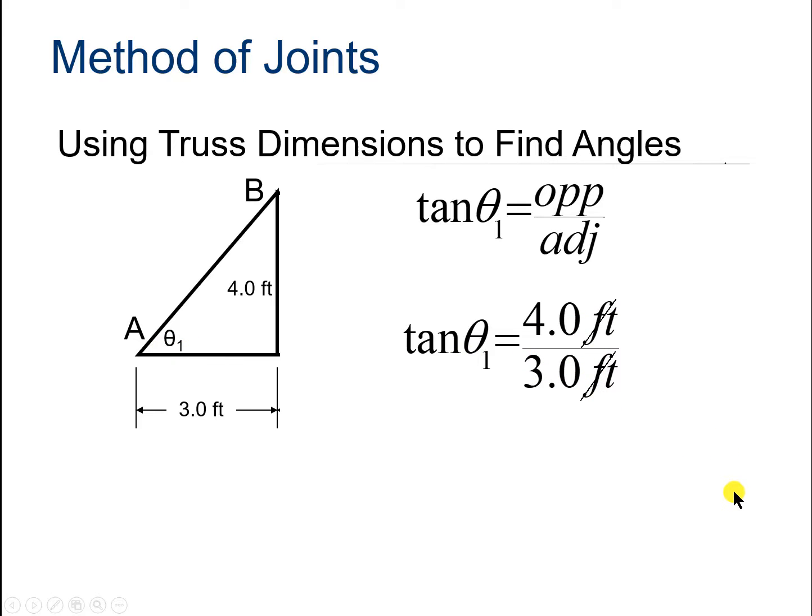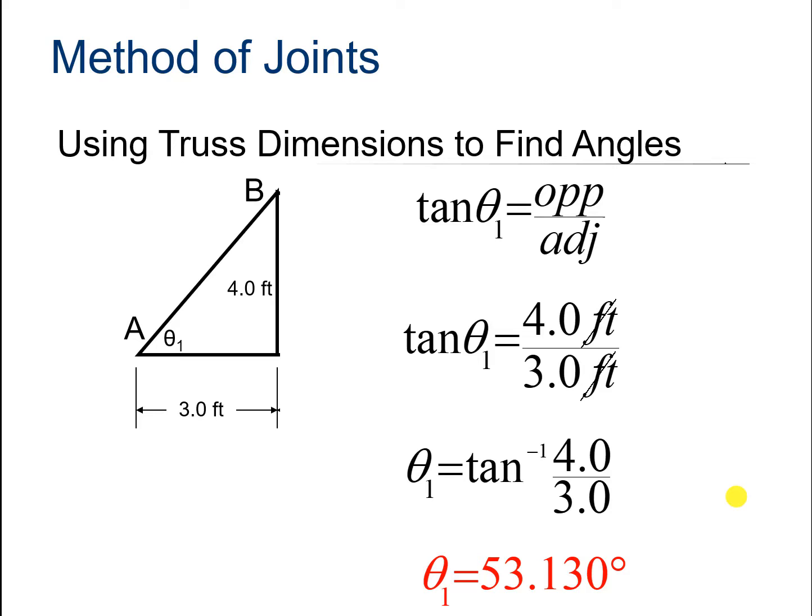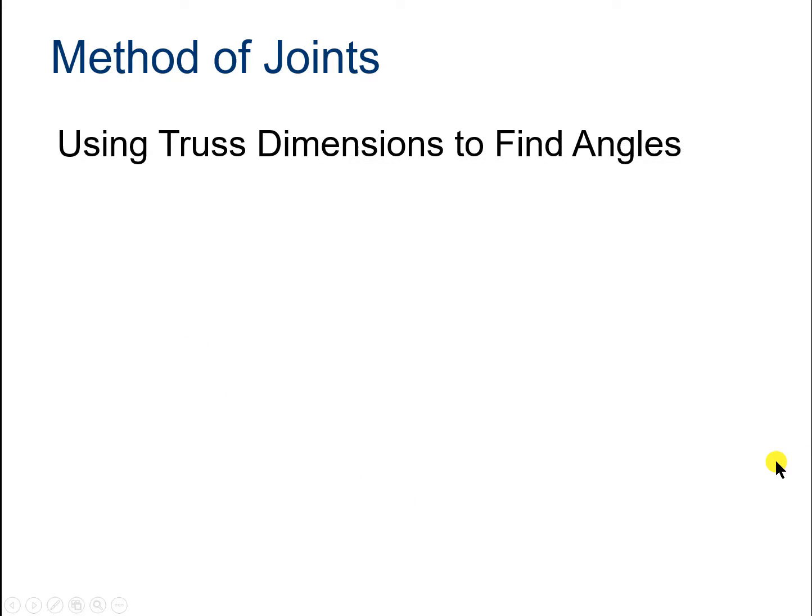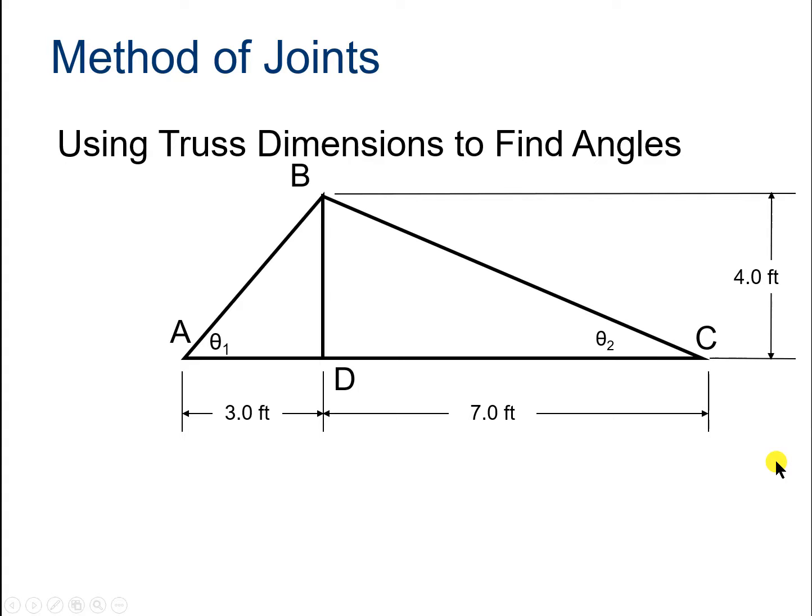Units cancel as they must. Tangent is a dimensionless number. So theta 1 is the inverse tangent of 4 over 3, and that's 53.13 degrees. So we would update that on our diagram as 53.13 degrees.